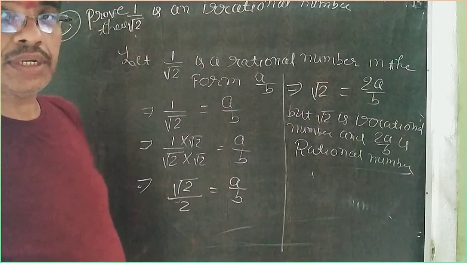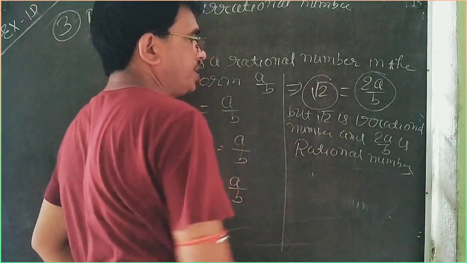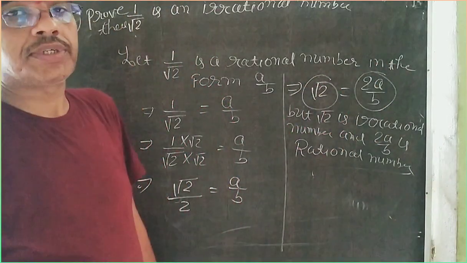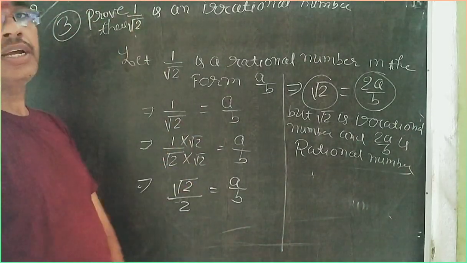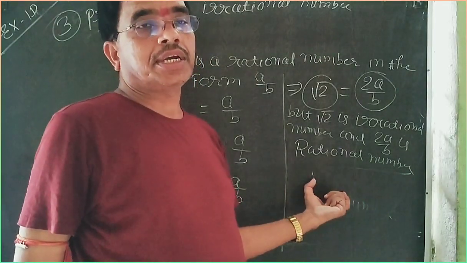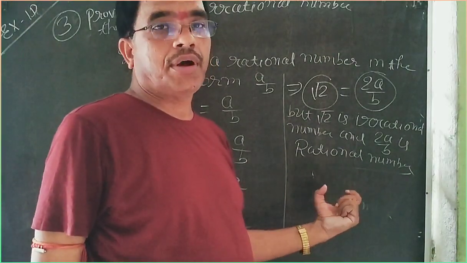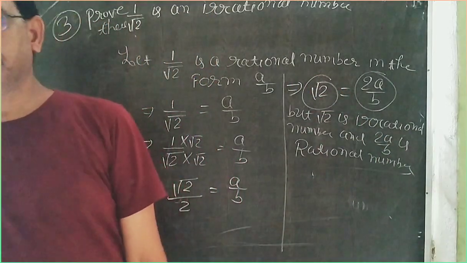Our supposition is wrong because root 2 is irrational, but 2a by b is rational. So our supposition is wrong. Hence, write 1 by root 2 is an irrational number. Dear students, write one statement here: it is a contradiction, our supposition is wrong, hence 1 by root 2 is an irrational number.